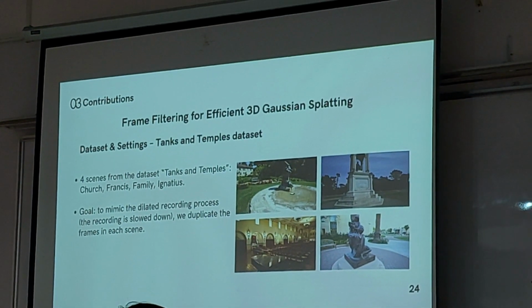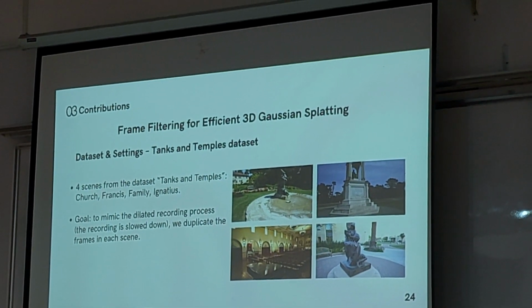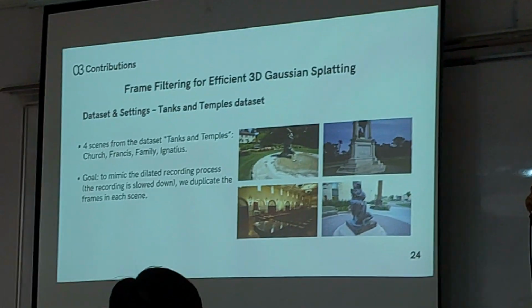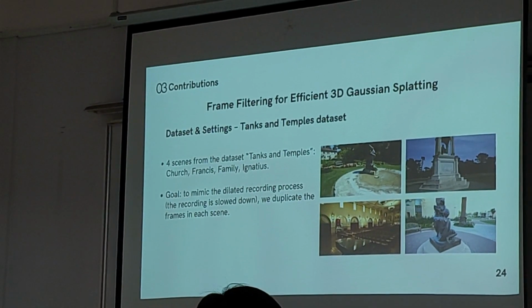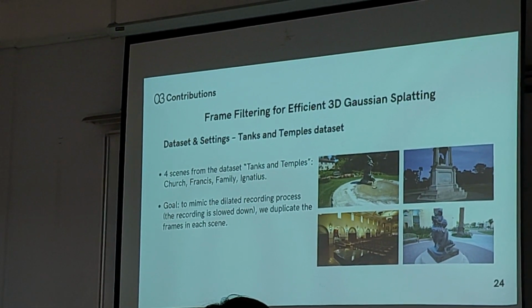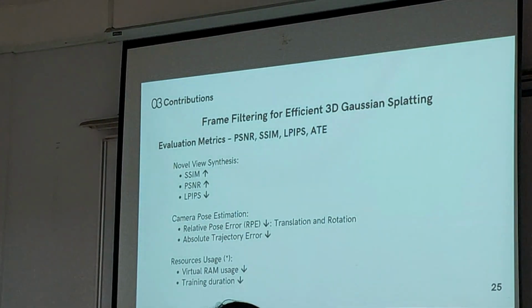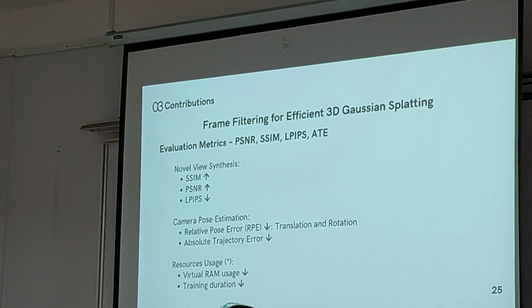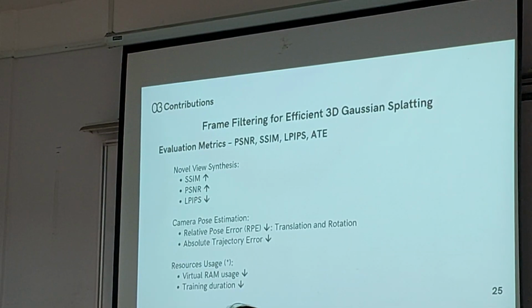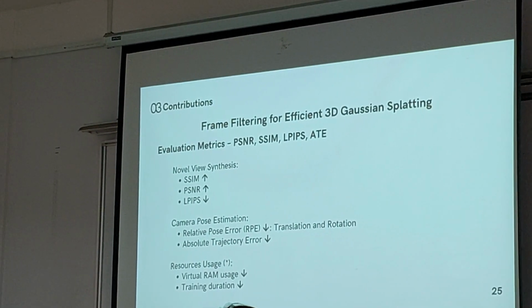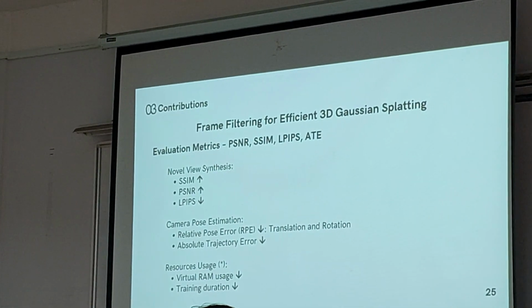We use the Tanks and Temples data set, and we construct it based on 4 scenes of the data set. In order to mimic the dilated recording process, we create separate settings, that is the duplication of frames. For the evaluation metrics, we follow the traditional convention of Gaussian splatting proposed by the original authors.